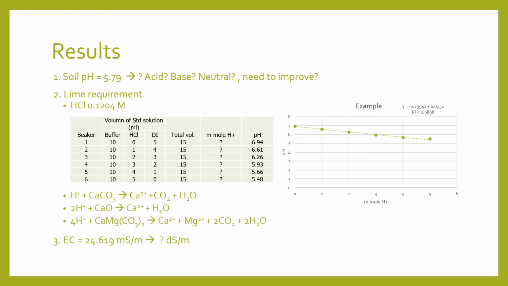Then calculate the lime needed to neutralize the hydrogen ion in the soil sample and report the amount of lime per hectare. And the last part, the electrical conductivity of the soil sample, you have to report the EC in decisiemens per meter.